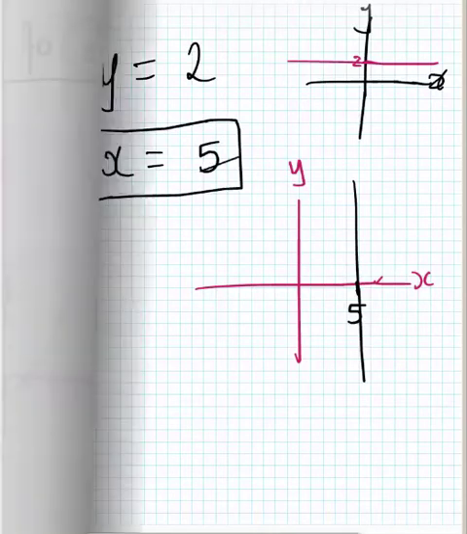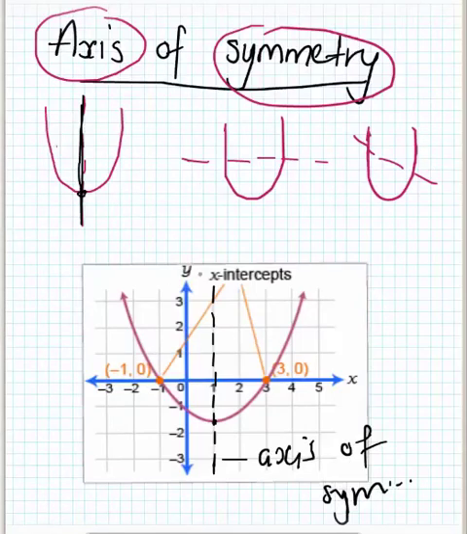If we go back, see how we've got this vertical line here? That line can have an equation. x can equal something. What will x equal for this one? Well, it's passing through when x is positive 1. So the equation for the axis of symmetry, we would say x is equal to 1.